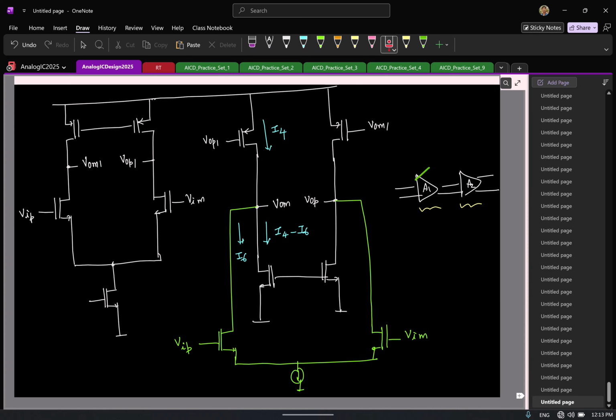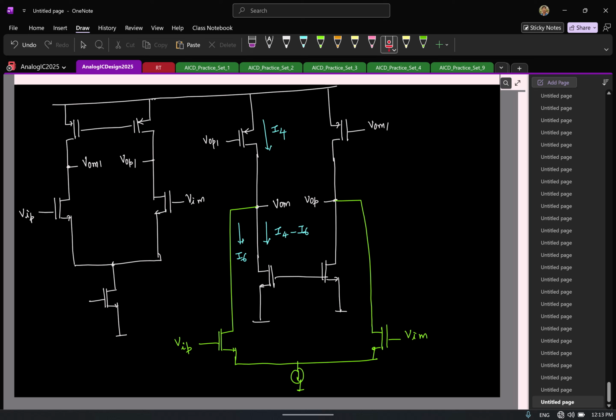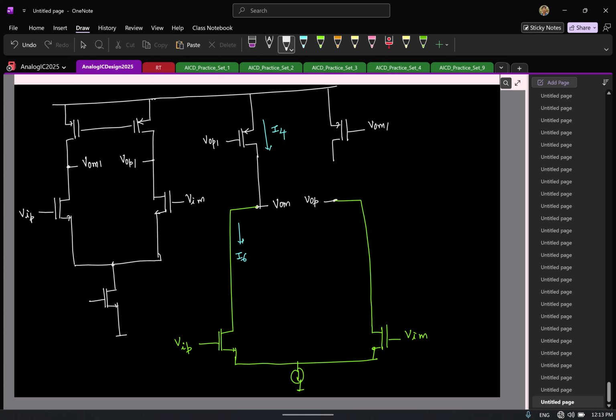So what is done is the following. You choose the same current for the second stage here as well as for the feed forward stage here, which means 0 current flows in this transistor. So I can potentially remove this. So basically I'll have something like this.